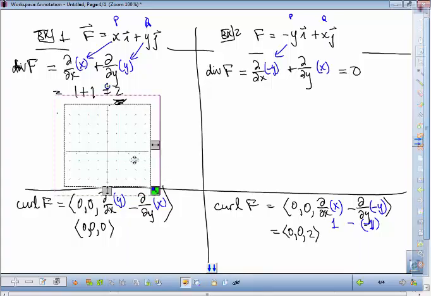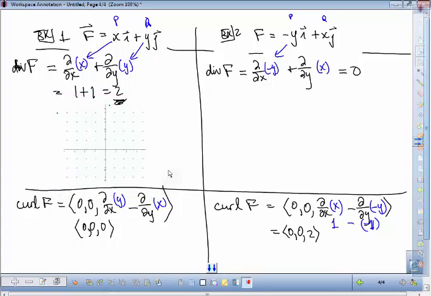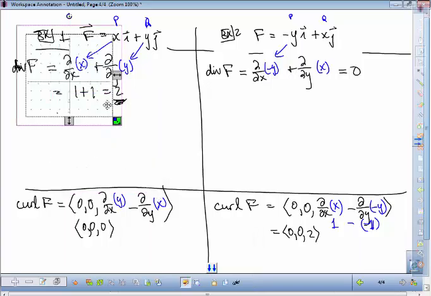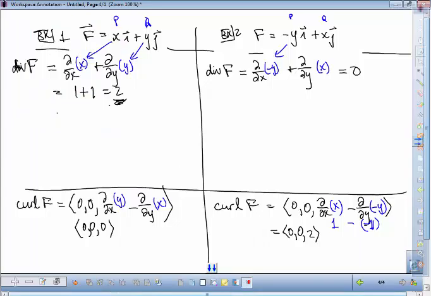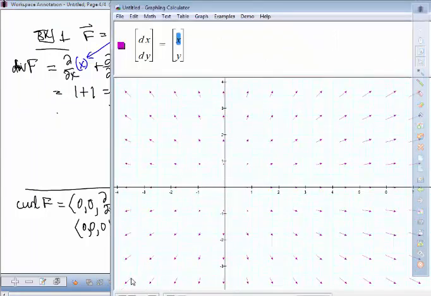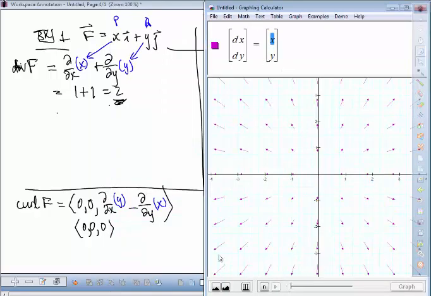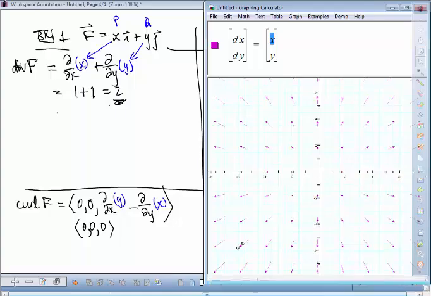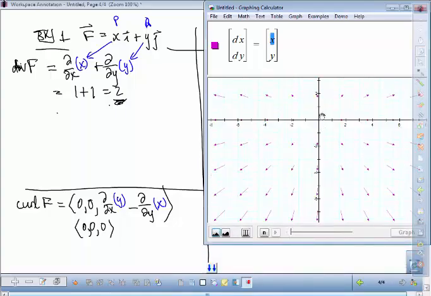All right, let's try it again. Get a nice picture. Zooming in and zooming out doesn't help. Oh well.